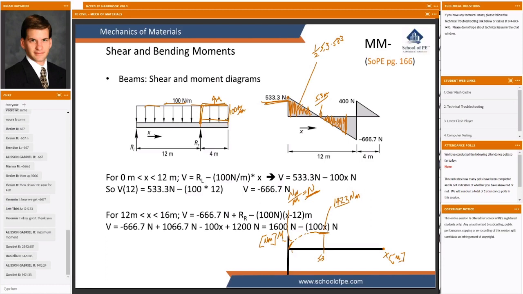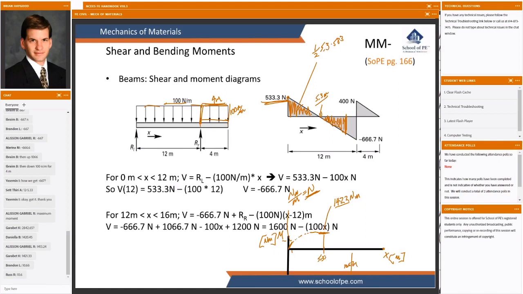Where do you think that's going to happen? At what distance along the beam? At what location do you think we will have lost all that 1422 that we gained? At 10.67 meters. Yep.